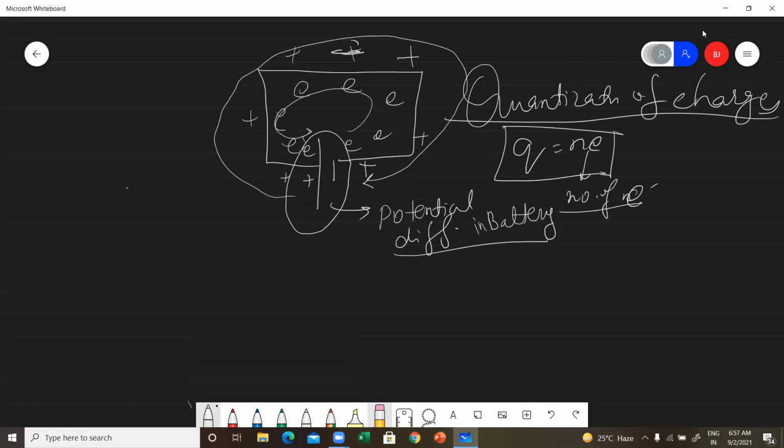Now the question arises: what is potential difference? See how many charges are going from negative to positive terminal. That is how much work the battery has to do, because the circuit is very long. How much work the electron is doing to pop out from the battery so that it can go in the circuit, that is the potential of that electron.